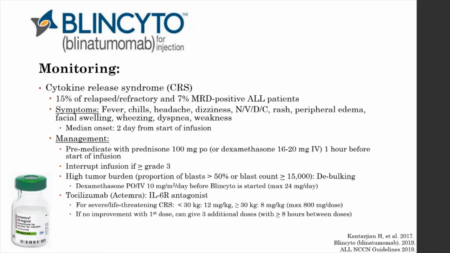They weren't very clear about how long to give the dexamethasone or how many days before Blincyto this was given, but it's just something to keep in mind. There's also another drug called tocilizumab, which is an IL-6R antagonist, and this must be kept on hand for severe or life-threatening cytokine release syndrome, and the dosing is here for your reference.